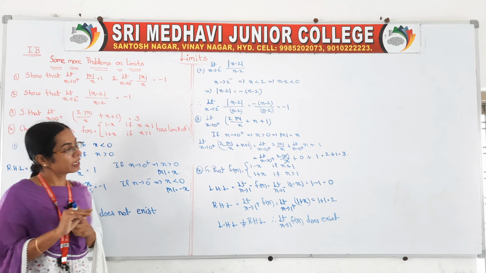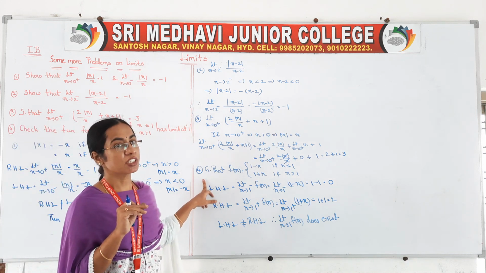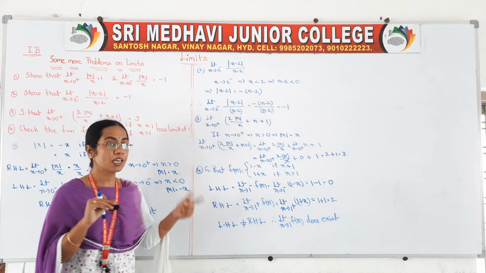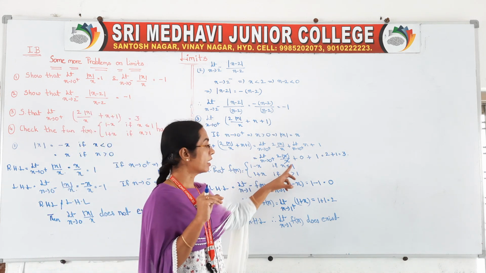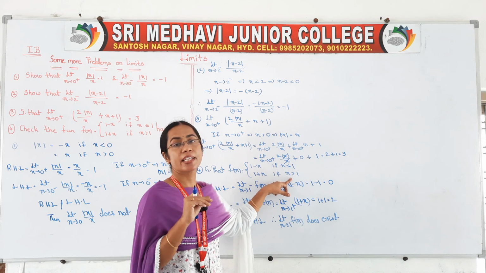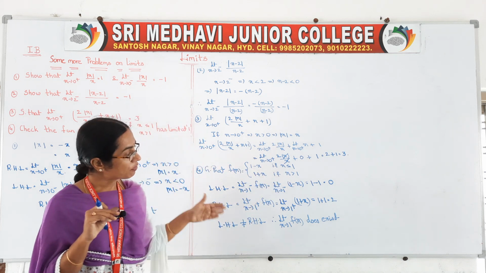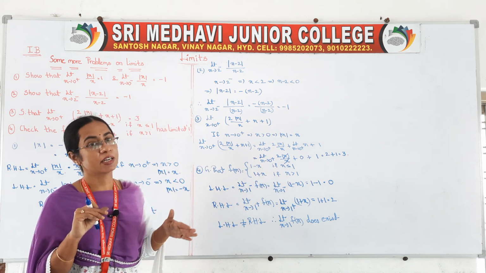Okay. So same thing here also, check whether this function's limit is there at 1 or not. Here, if you observe the question, less than 1 is given, greater than 1 is given. So the left hand limit is given, the right hand limit is given.